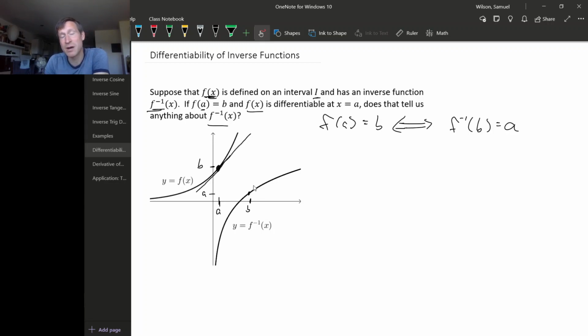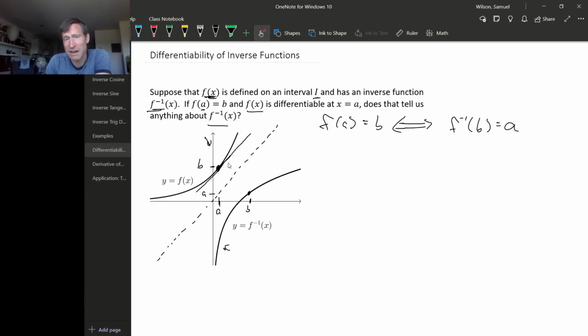Something that we know about inverse functions is that the graph of the original function and the graph of the inverse function look the same, except that they've been reflected over the line y equals x, which looks like this. And you can see that here because this point, a comma b, on the graph of the original function gets reflected down to the point b comma a on the graph of the inverse function.